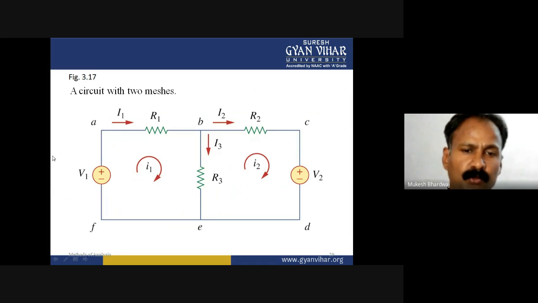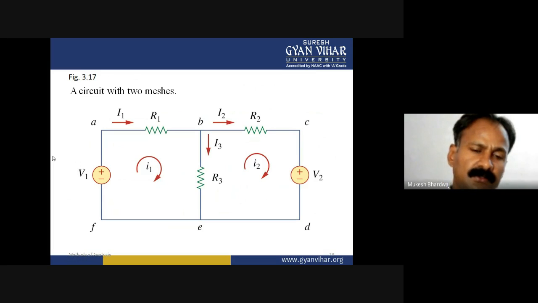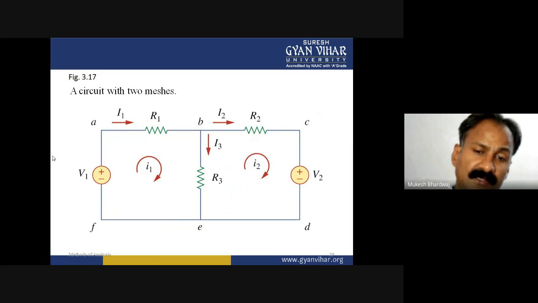A circuit with two meshes. The planar circuit is shown in front of you. In the first loop, we assume the current I1 is moving in the clockwise direction, and if you choose clockwise, then you need to choose all the meshes clockwise.